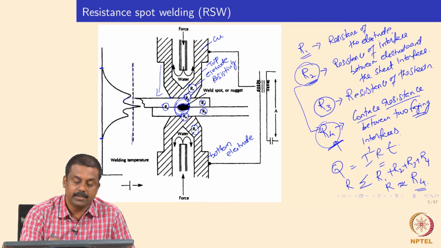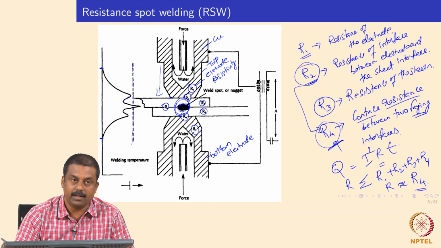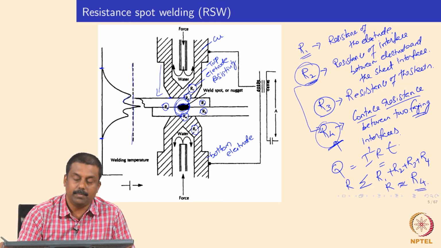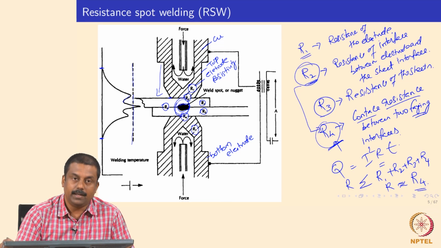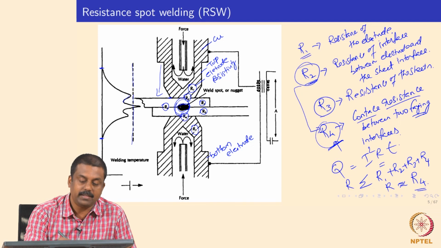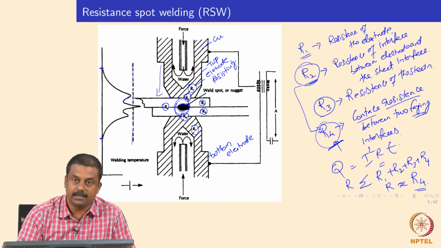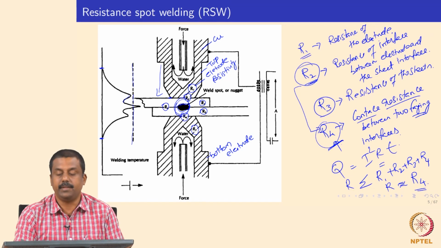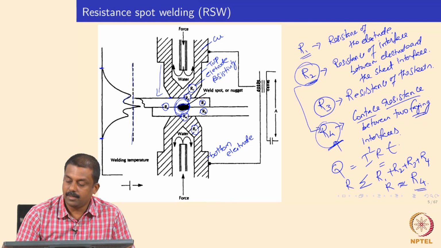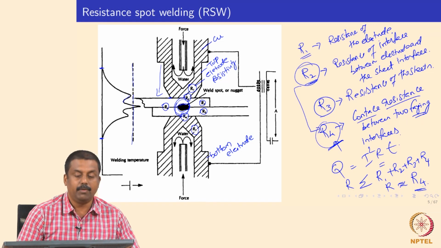R3 is the bulk resistance of the sheets we are welding, and R4 is the contact resistance between the two faying interfaces. R4 is the rate controlling factor for heat generation, because it is the maximum, and compared to R4, R1 and R3 are negligible. Because of that, you have maximum heat generation at the interface, given by the increased resistance at the contact area between the sheets. Clear? We will move on.